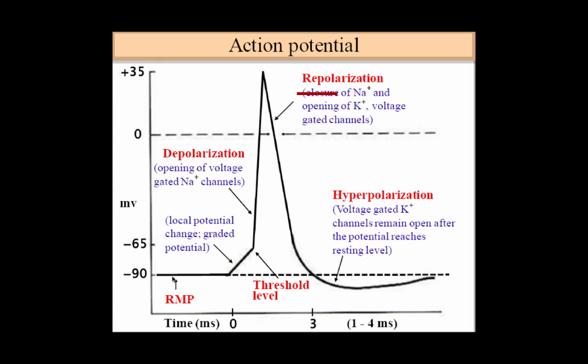This is just an illustration, but indeed most neurons are anywhere between negative 60 and negative 70 millivolts at their resting membrane potential. If there is some stimulation, the neuron will become more positive, and we call this process of removing negativity and becoming more positive depolarization. So we are removing the polarity.